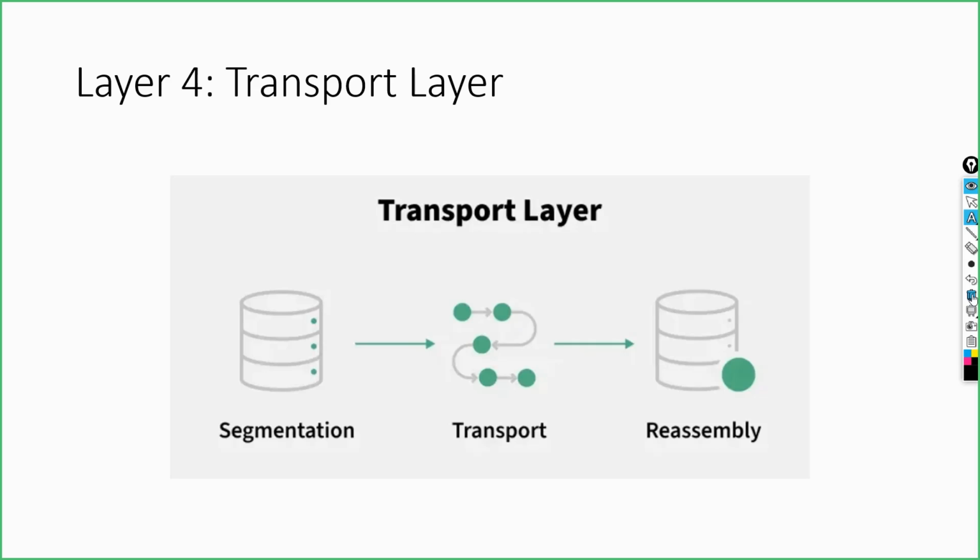To ensure guaranteed data communication, it uses TCP. Everyone knows about the three-way handshake, right? As soon as the data is received on this layer, it will decide whether the communication has to go through the TCP protocol or the UDP protocol.